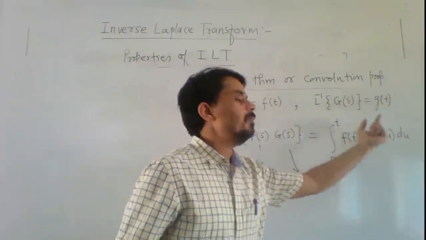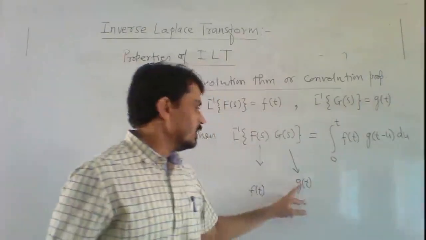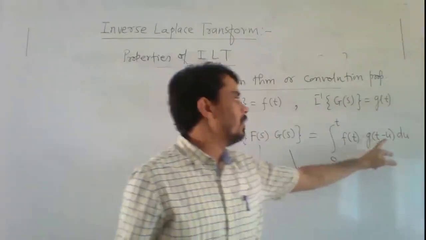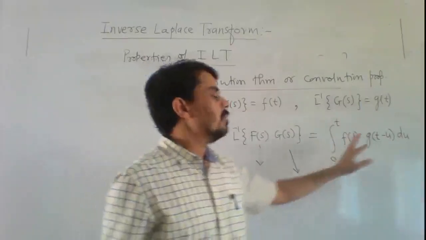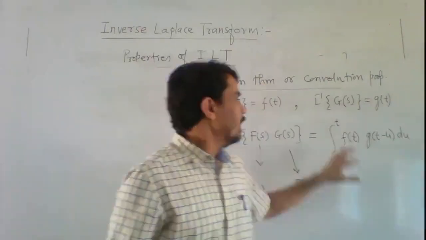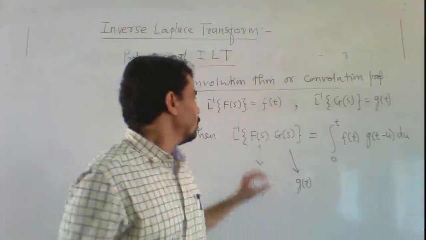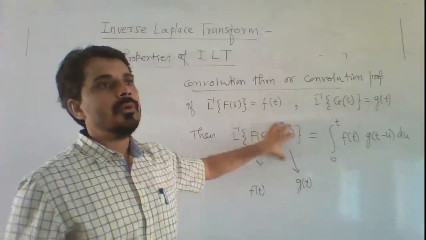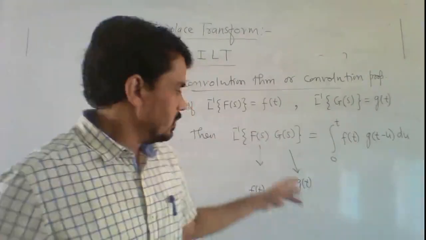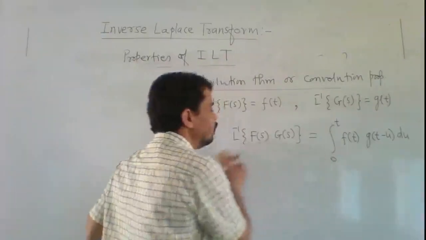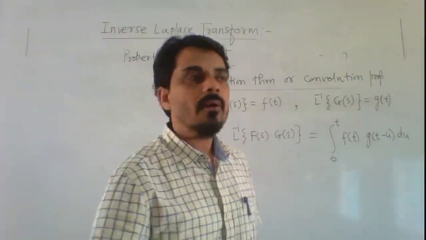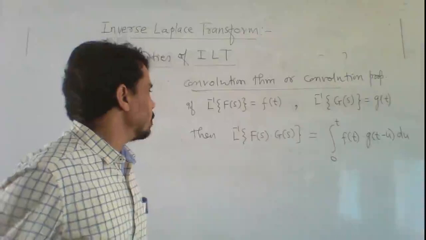I want g of t minus u, so in g of t replace t by t minus u, obtain g of t minus u du, and integrate with respect to u, obtain the inverse Laplace transform of the product of these two functions. So this is a very important theorem to find the inverse Laplace transform of a product of two functions.